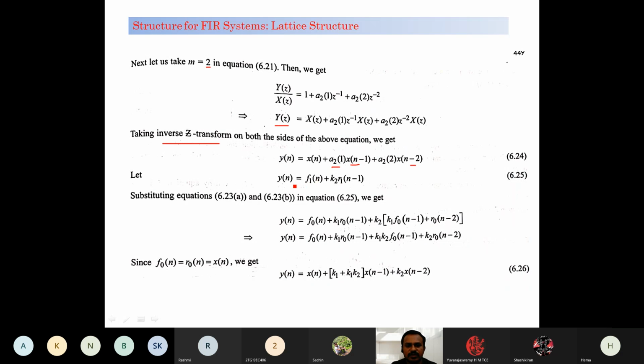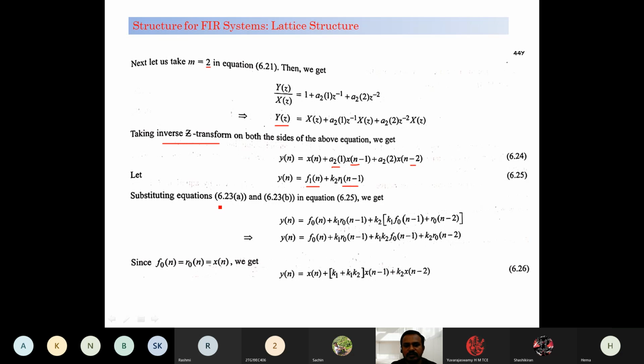Then if you consider here, y of n is nothing but f1 of n plus k2 of r1 of n minus 1. Then substituting these equations, the y of n output is f1 of n plus k2 of r1 of n minus 1.